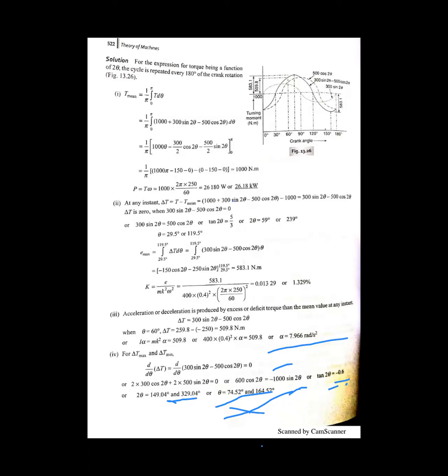Then delta t comes to some value, and that is equated with I alpha. So I alpha equals m k square alpha, then alpha equals some value. Just make the particular calculation.